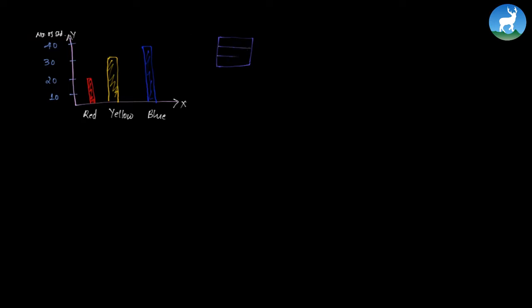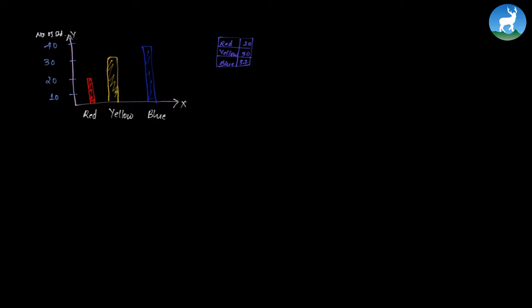So it's with red, yellow, and blue. So red, it's 20, yellow, it's 30, and blue is 37. Okay, so these are the number of students whose favorite colors are like in the corresponding chart.